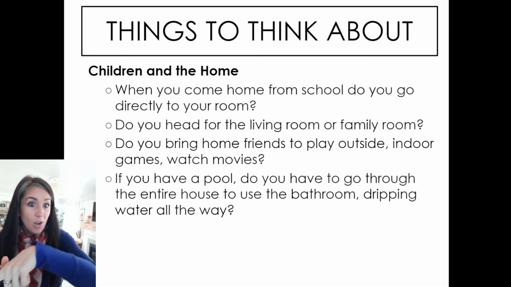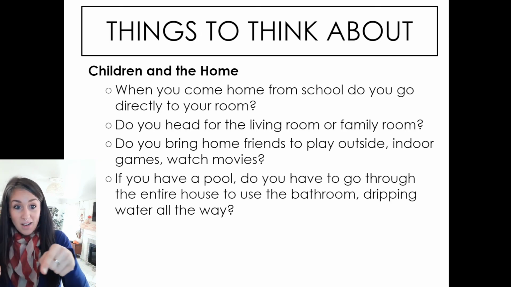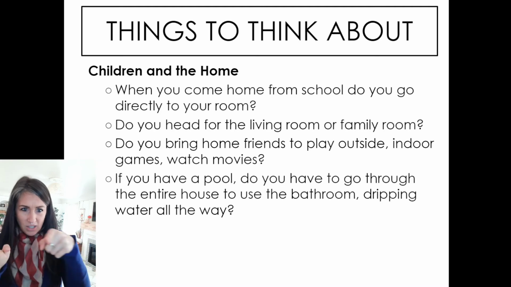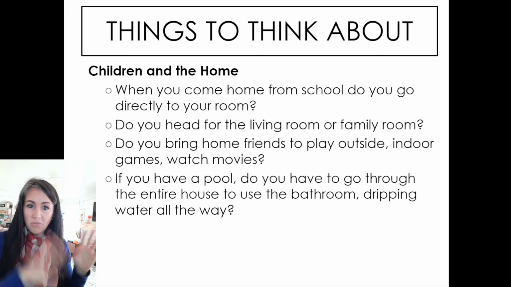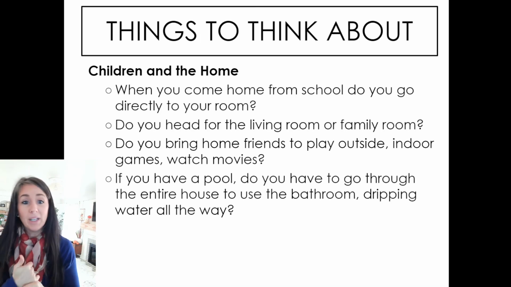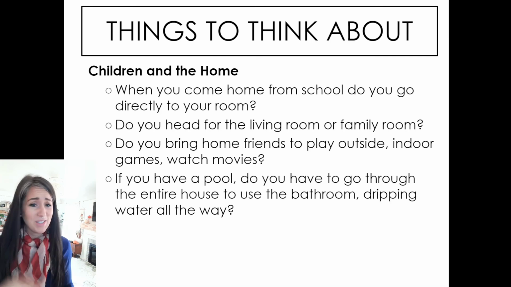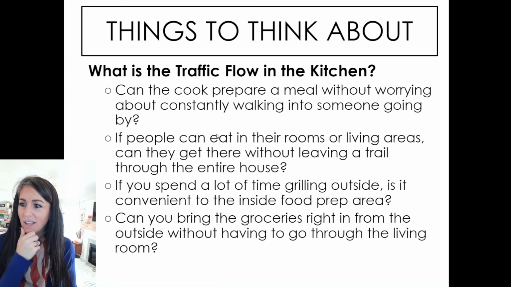Otherwise they'd be going all the way through the living room, through the kitchen, and back down. They'd have to make this kind of shape to come back, and they'd be dripping water the whole way and leaving grass clippings, and we don't want that. So I make them go a different way in that situation. So just things to think about, right? How does that all work together?